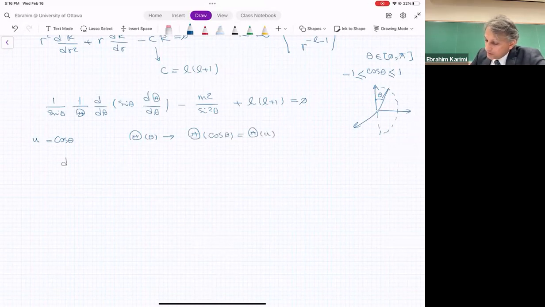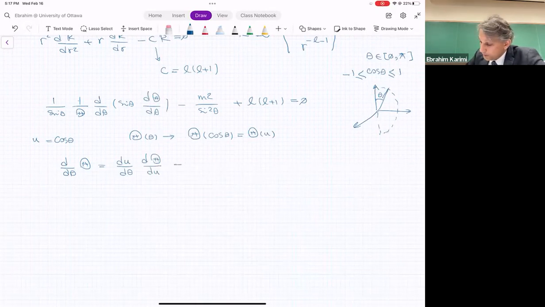So the derivative with respect to theta of theta capital now has to be translated in terms of u. So I use the chain rule. It means that it will be du d theta times d theta capital du. What is the derivative of u with respect to theta?